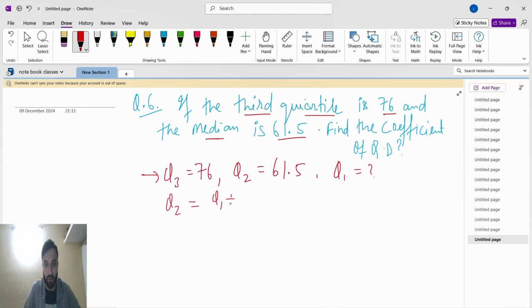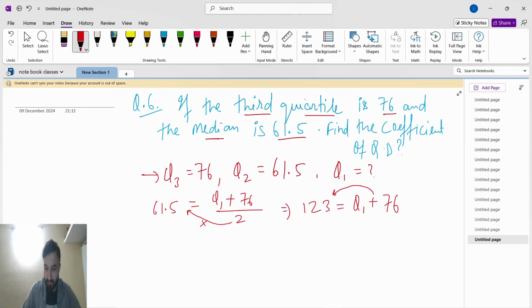Q3 is 76, Q2 is 61.5. The 2 will go to that side and multiply: 61.5 into 2 is 123. So 123 is equal to Q1 plus 76. The plus 76 will go to that side and become minus 76. 123 minus 76 is 47. So I got Q1 as 47.